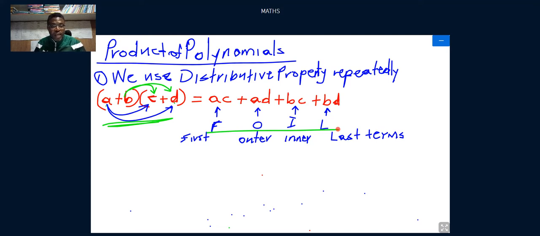In the place of A and in the place of C, you can put x, and in the place of D and B, you can put maybe 2 and 2. Just put the numbers and work it out yourself. And use FOIL. It will make you remember easily. Let us move to the next slide.